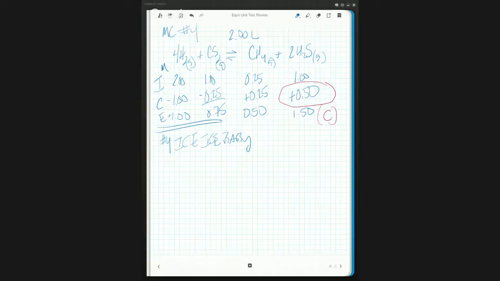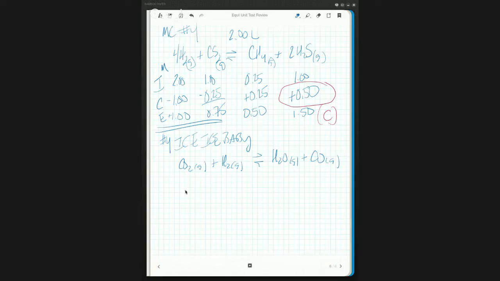All right, let's try this again. For number 4, it was CO2 as a gas plus H2 as a gas in equilibrium with H2O as a gas plus CO as a gas, and it is balanced.